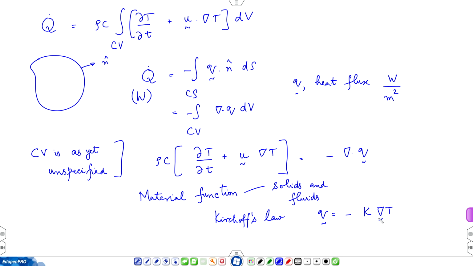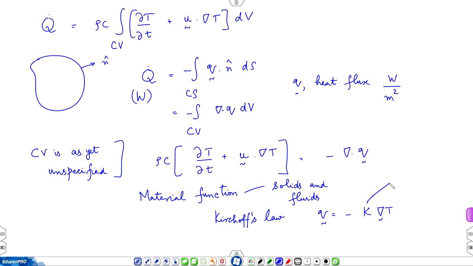The constant of proportionality is called, any idea? What is it called? Thermal conductivity. K is called thermal conductivity. Okay.